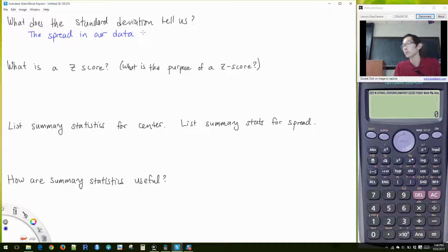What the other students have mentioned, those are correct and valid. But in terms of just big picture things, what I'm going for is the standard deviation tells us the spread in our data, which is the concept of how similar or how different our data points are.